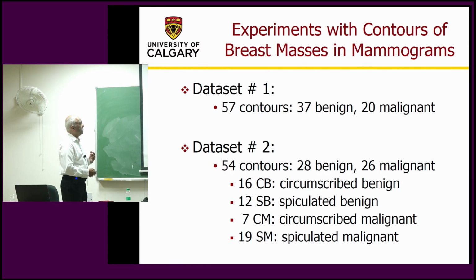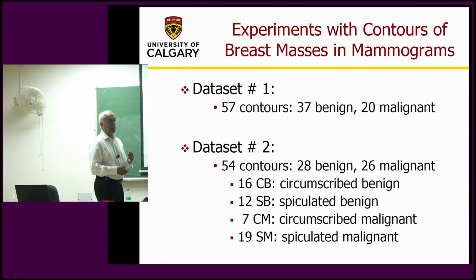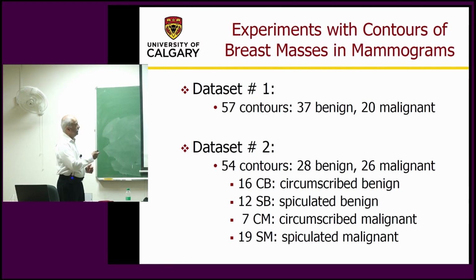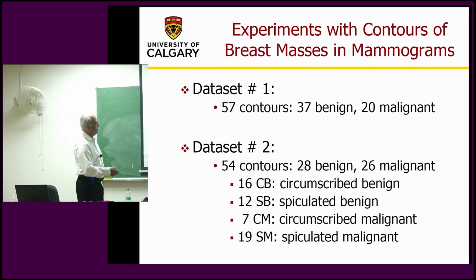So one of the data sets, this work was done by Tan Nguyen for her master's thesis. And in her work, she had various data sets. One from the MAIAS database, 54 contours, which were further divided into circumscribed benign, spiculated benign, and circumscribed and spiculated malignant.